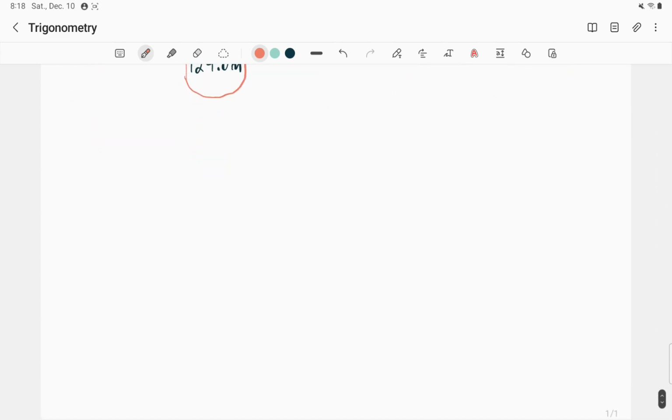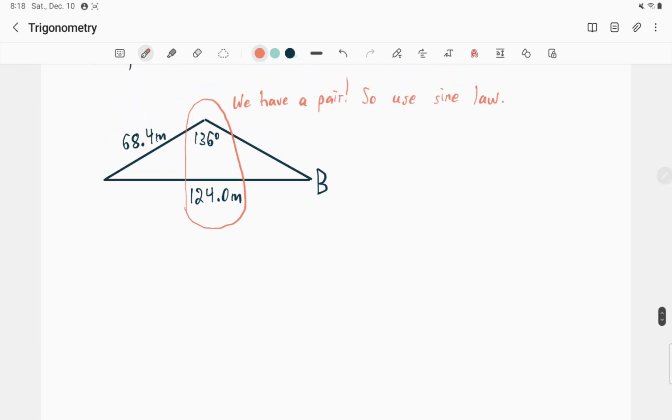Next thing, you can also use sine law if you can make a pair of matching side lengths and angles. I'll show you what I mean. Let's say just a very similar looking triangle. Might as well make it look a little different, a little less wide.